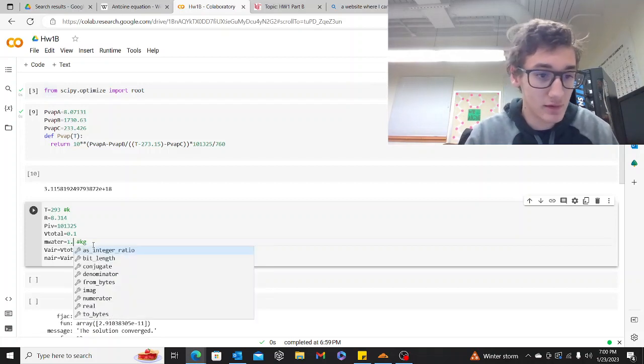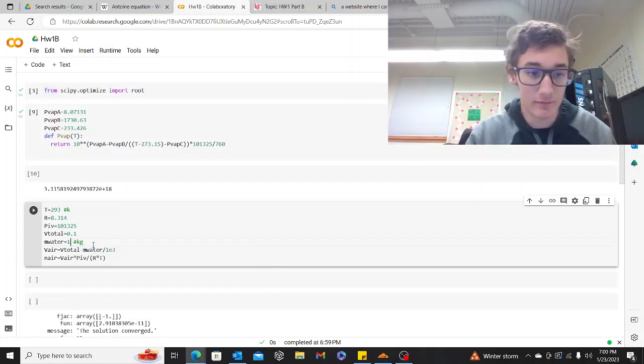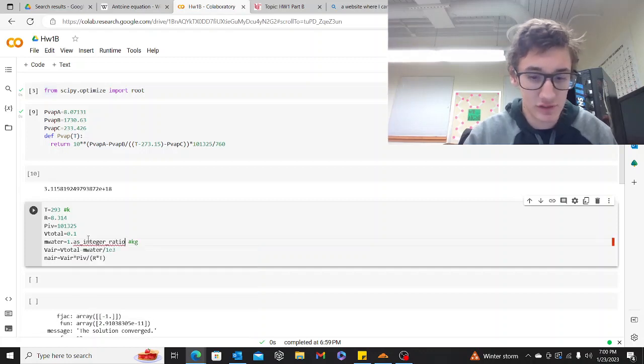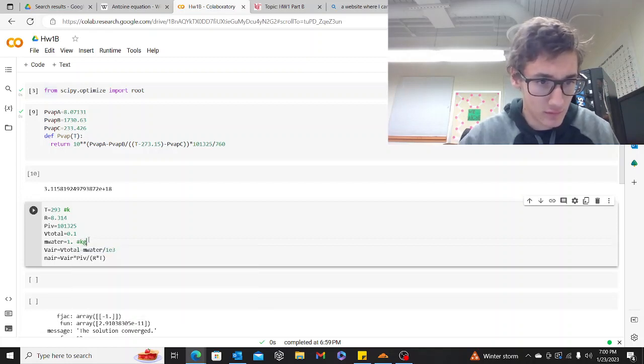I messed this up. The mass is 1 kilogram, right? Oh geez, that's not what I want to do either. Son of a gun. One period, so this is just to make sure the integer changes. Okay, save everything, and it's not broken yet. It's always a good sign.